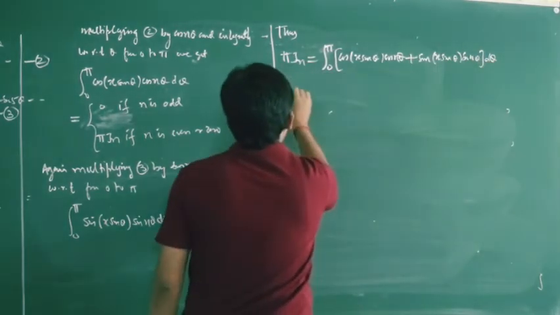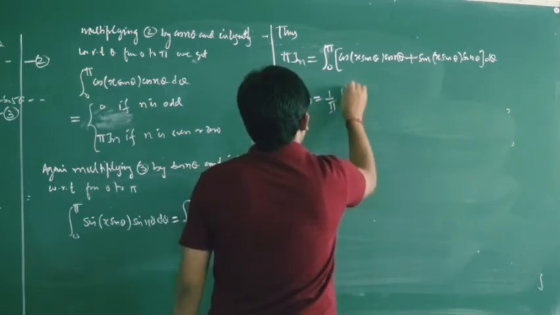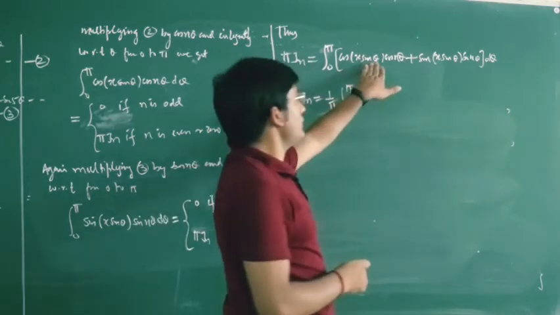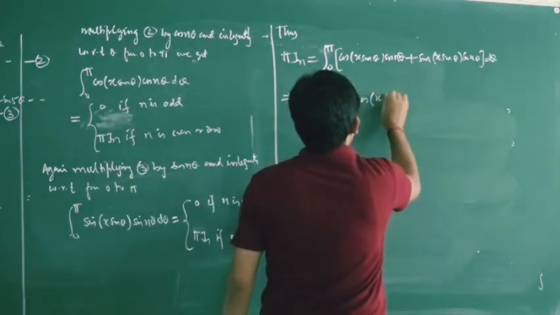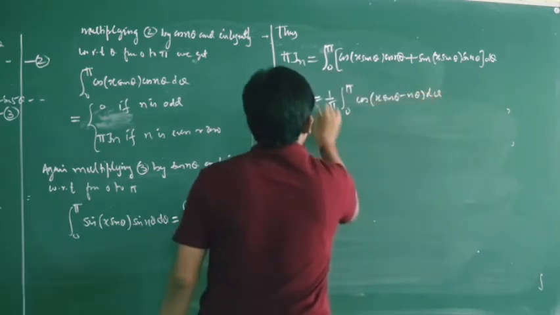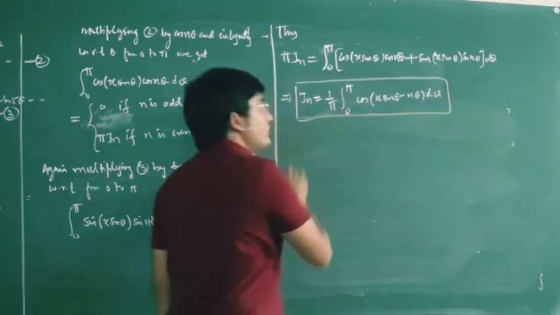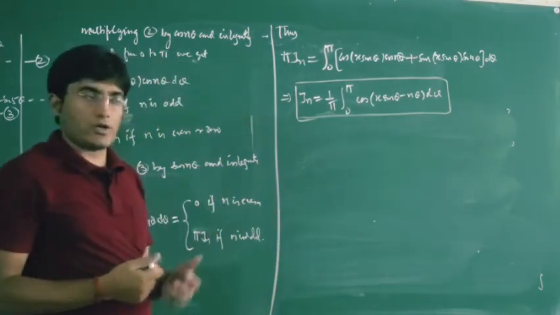So from here our Jn is equal to 1 upon pi, integral 0 to pi. Now this is your cos A cos B plus sin A sin B. So this is cos A minus B. So we have cos of x sin theta minus n theta, d theta. This integral was the original definition of the Bessel function, and it is known as the Jacobi integral.